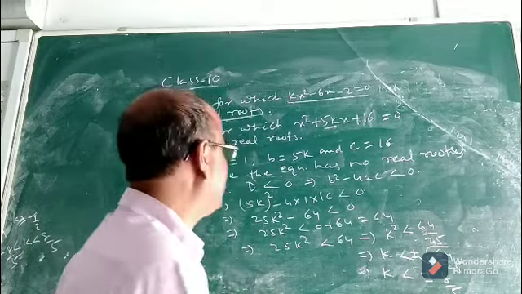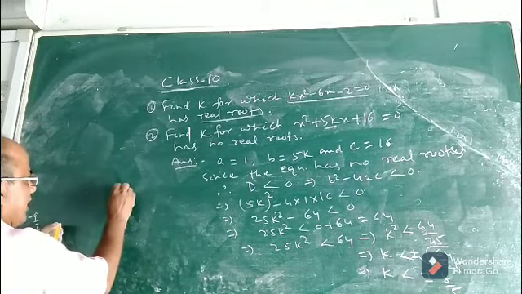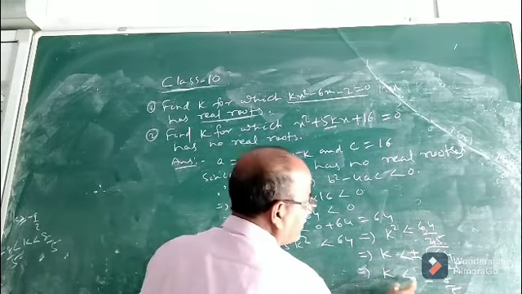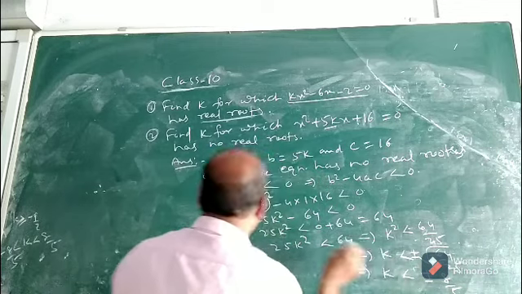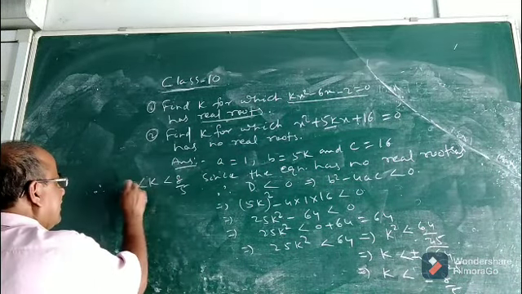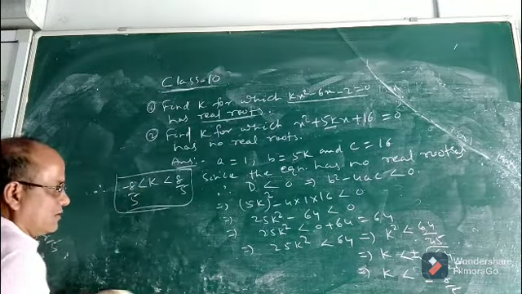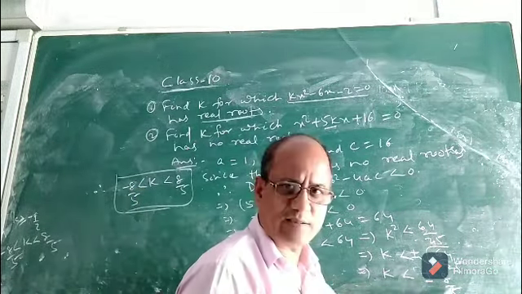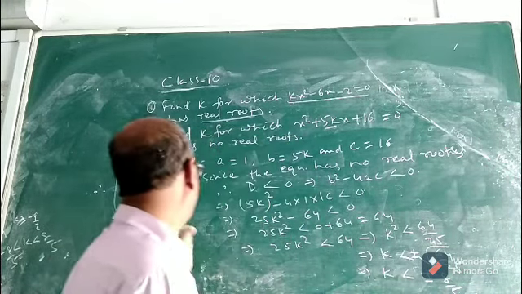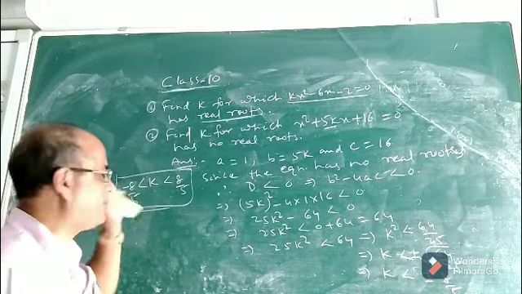What does it mean? It means k will be less than 8 by 5 and greater than minus 8 by 5. So the value of k will lie between minus 8 by 5 and 8 by 5.